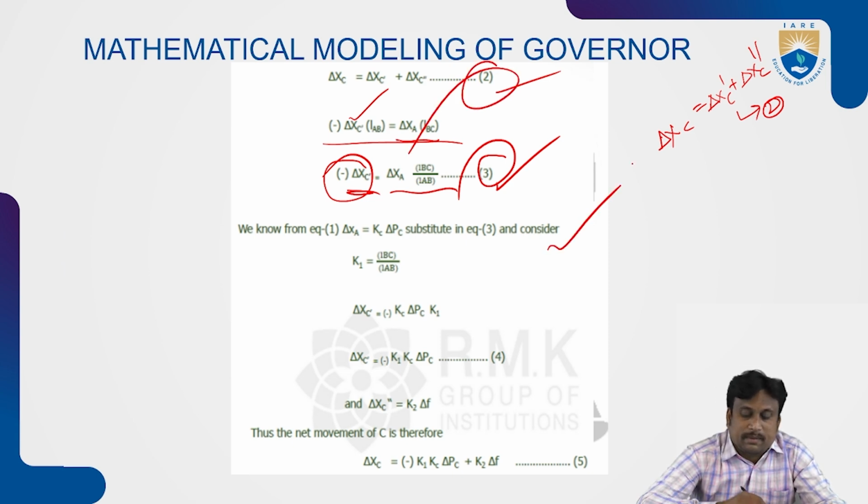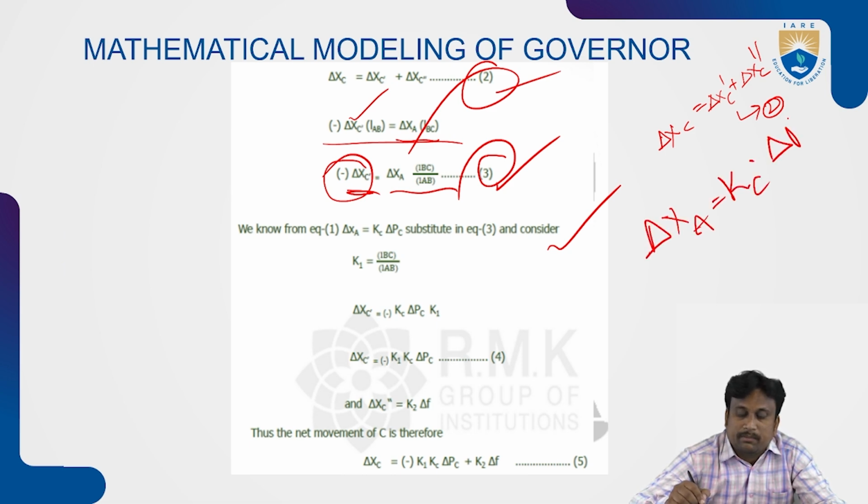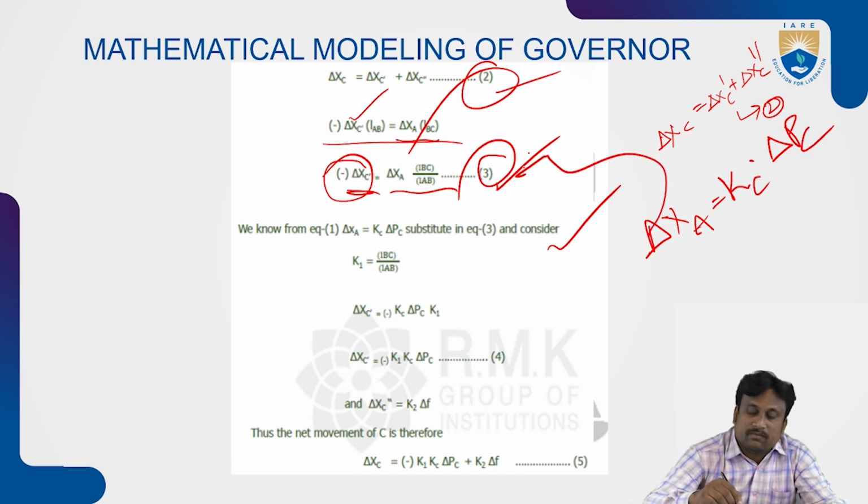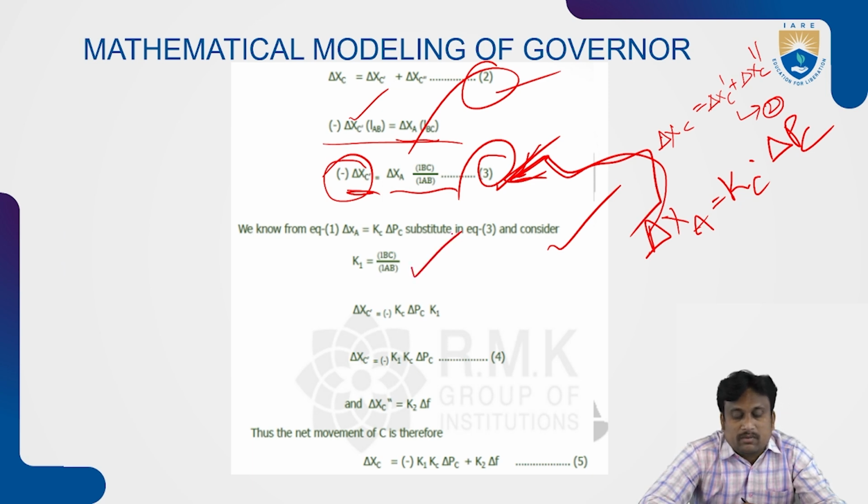We know from equation 1 that delta XA becomes a constant Kc times delta Pc, which we substitute in the equation. Then K1 is l BC by l AB.